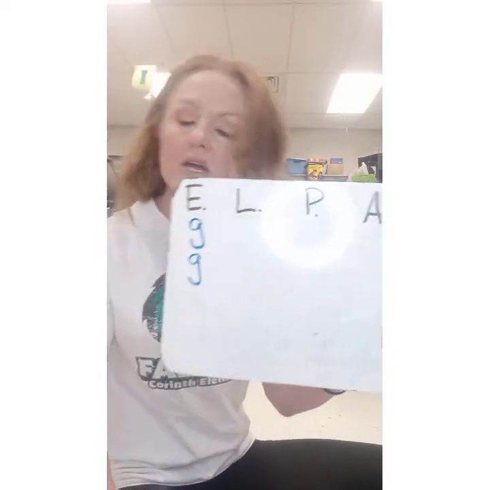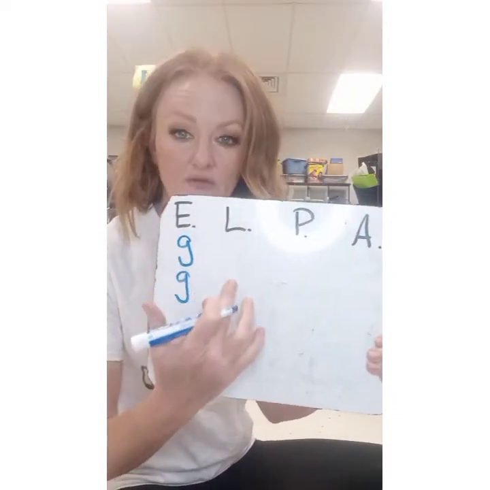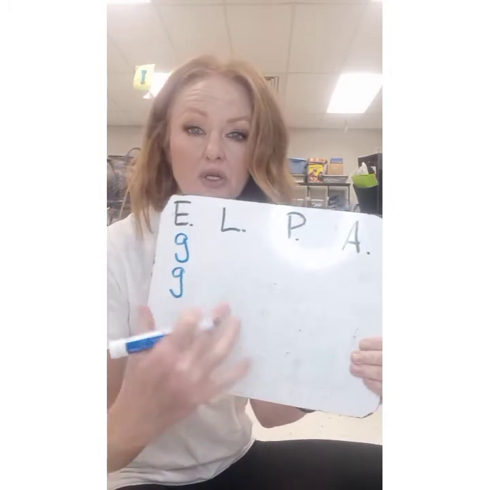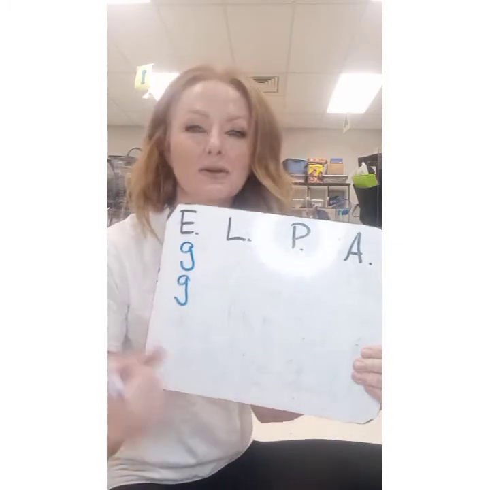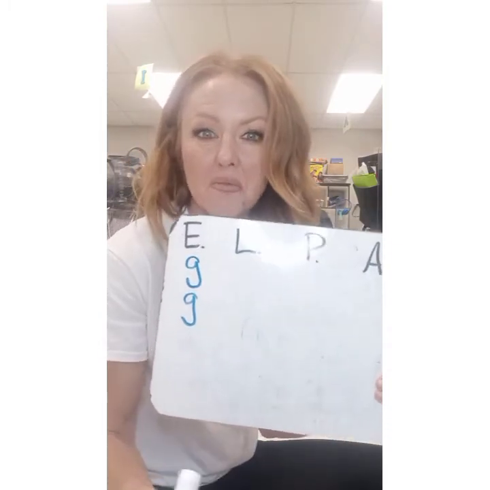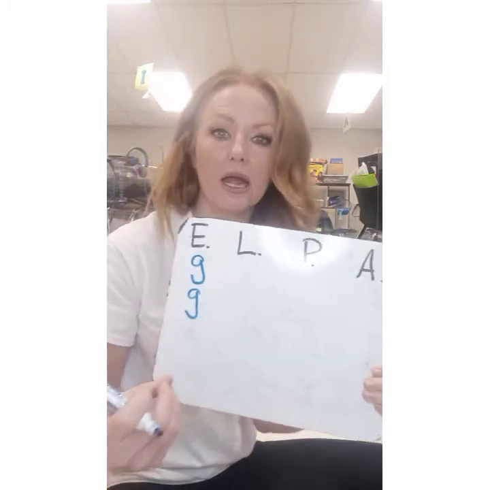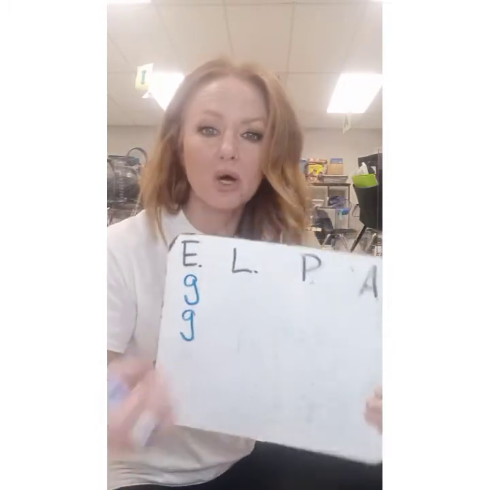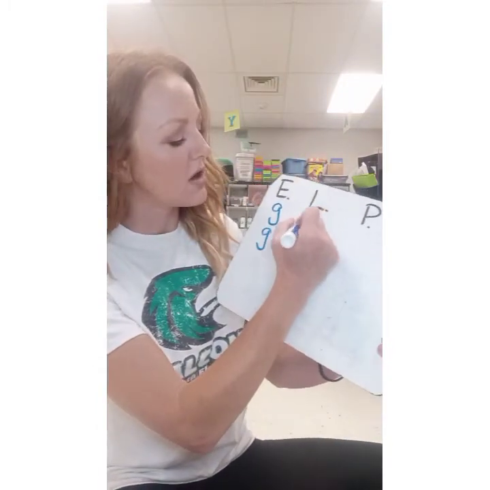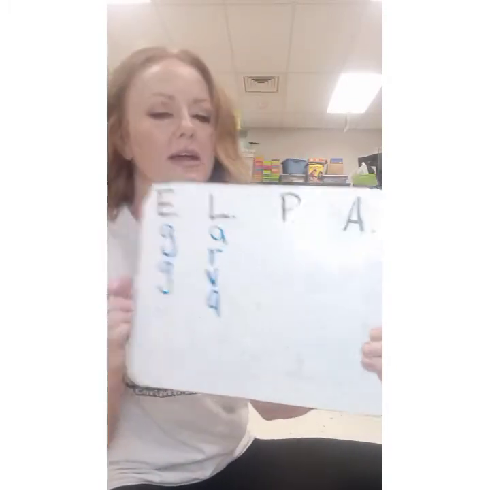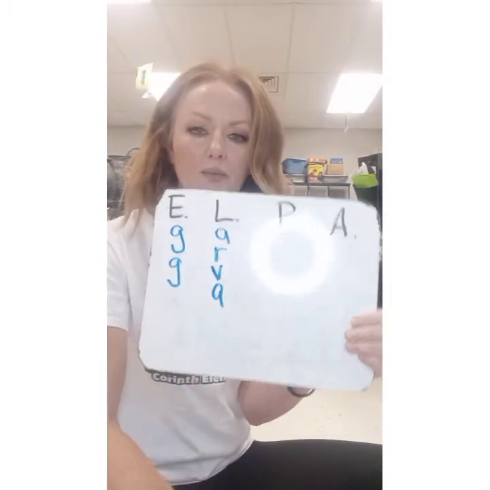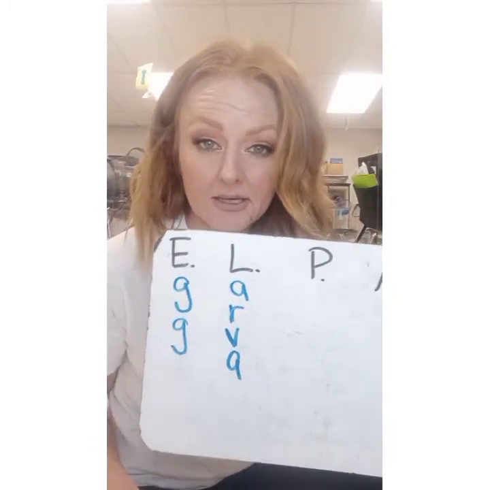Then it goes into a larva stage. So those gross caterpillars, that's the butterfly larva stage. Those gross things I just showed you, the grub worm and the ladybug larva or the mealworm, that is what's called the larva stage. Then we go into the P, which is the pupa stage.